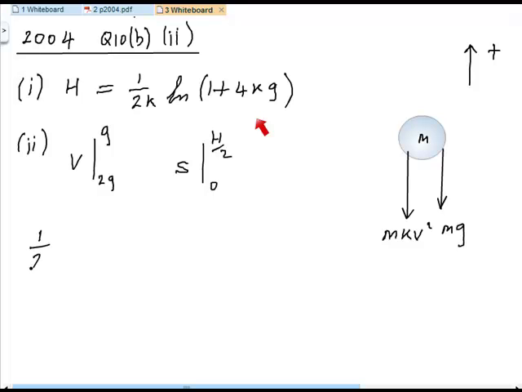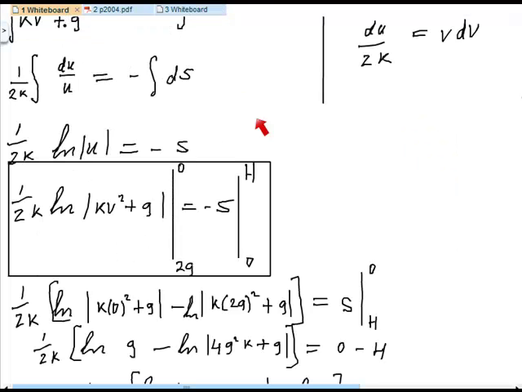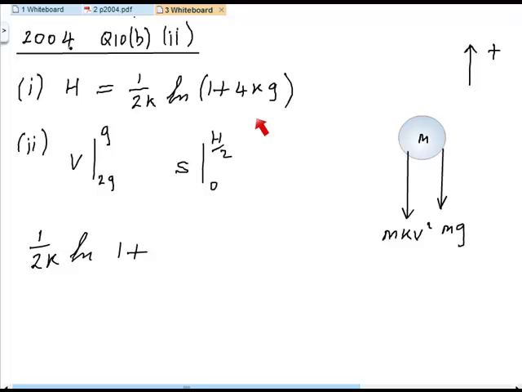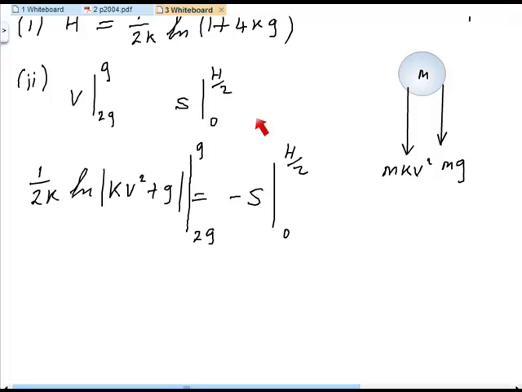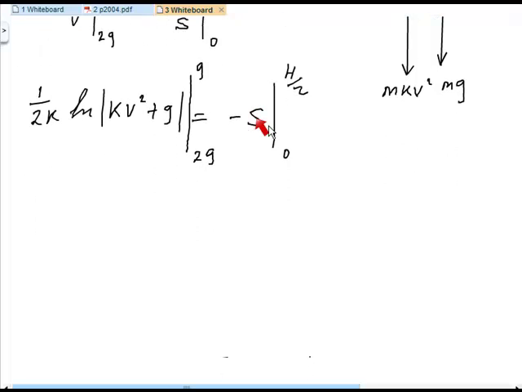So start from there, 1 over 2k ln 1 plus kv squared over g is equal to minus s, and the difference being we have a new set of limits, 2g and g and 0 and h over 2. So now it's just a case of evaluating this to the finish, and we should be able to get a value of k from this.